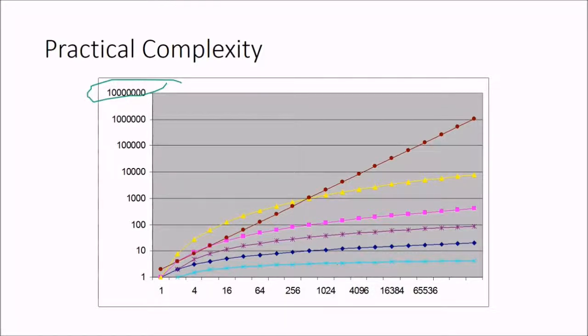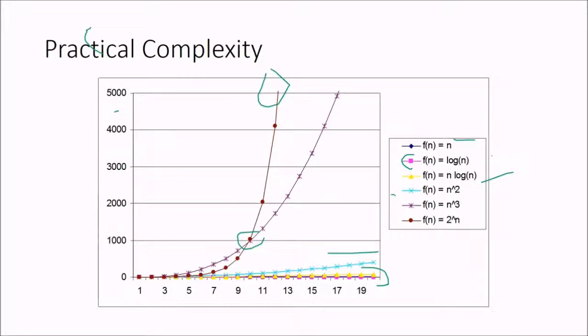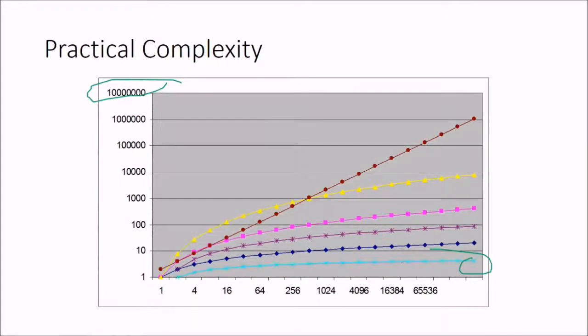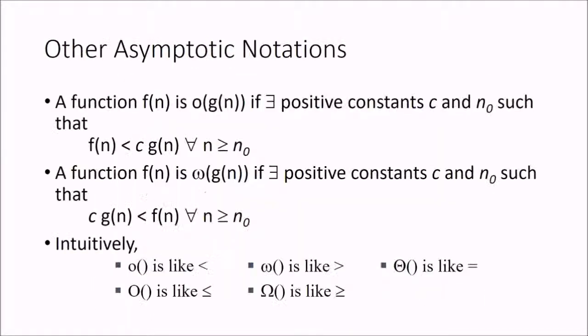So this is how they vary. We need to concentrate upon these values. Actually, it goes to n square, and complexity increases like this. So the ideas of these functions should be very clear to you: which function has greater complexity in the long run.